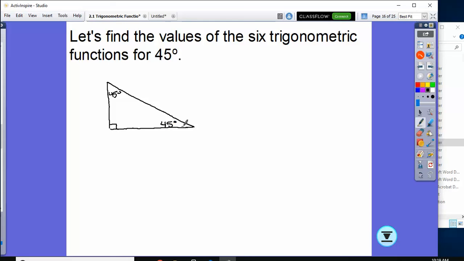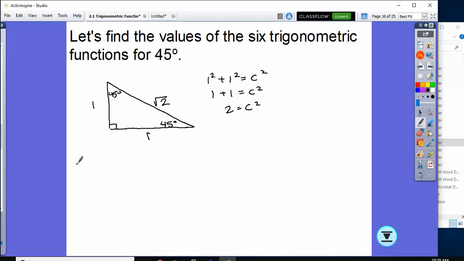We have to kind of come up with it. If these angles are the same, that means the sides have to be the same, so we can pick any number as long as they're both the same. So let's just do 1 for both of them. Then we can do Pythagorean theorem to find the hypotenuse. 1 squared plus 1 squared equals c squared. So our hypotenuse is radical 2.